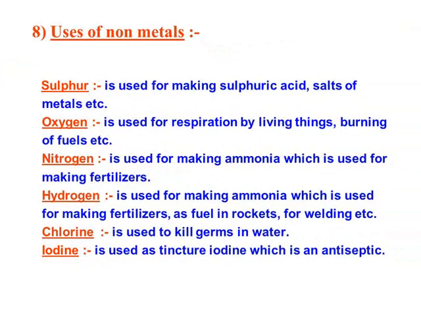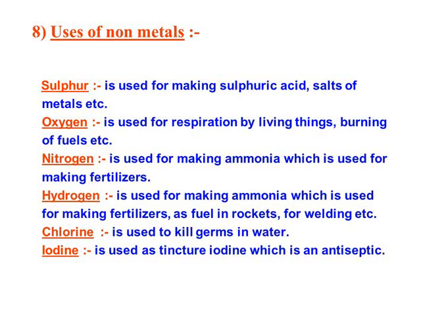Now let us see some of the uses of non-metals. Sulfur is used for making sulfuric acid, salts of metals, etc. Oxygen is used for respiration by living things, burning of fuels, etc. Nitrogen is used for making ammonia, which is used for making fertilizers.